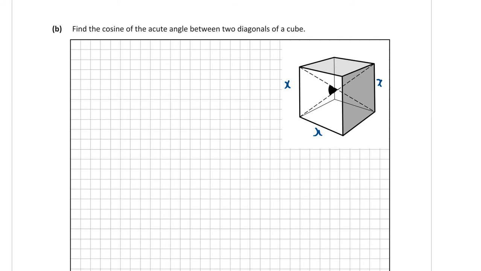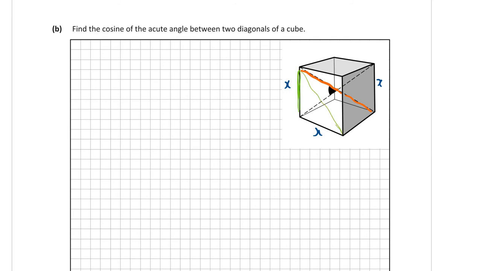We know that our angle involves the internal diagonal there. But right now I can't find that internal diagonal with respect to x. So I'm going to look and see how I can access that internal diagonal.